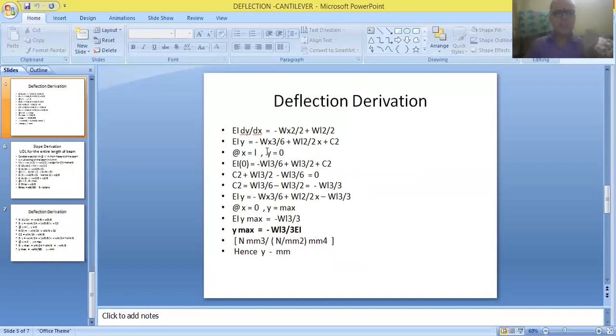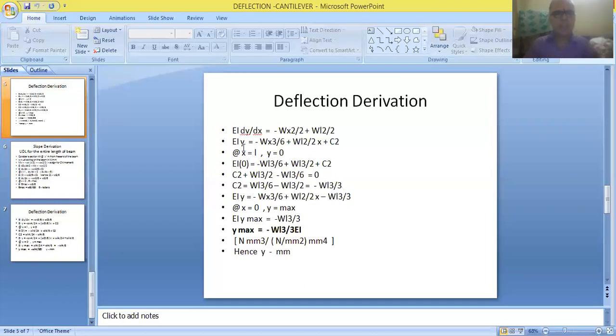So totally it will come to minus wx cubed by 6, and this will come to the product of this value and small x, plus c2. We have to take the limits: at x equal to L, y will be equivalent to 0. So by making all these substitutions and rewriting these equations, C2 will be obtained as minus WL cubed by 3.